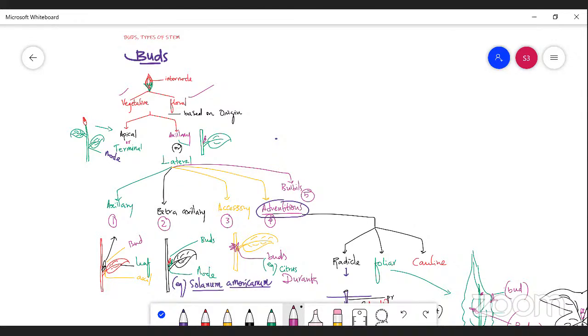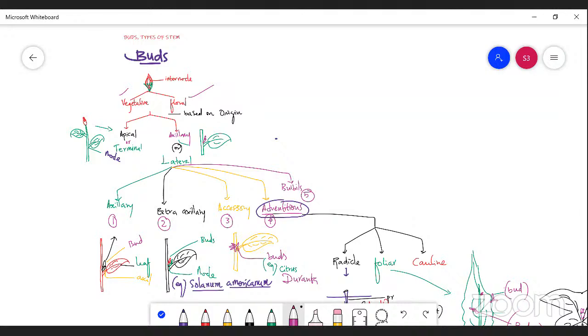Instead, when a flower or inflorescence originates by means of buds, they are called floral buds. Further, buds are classified into two types: apical buds and axillary buds.